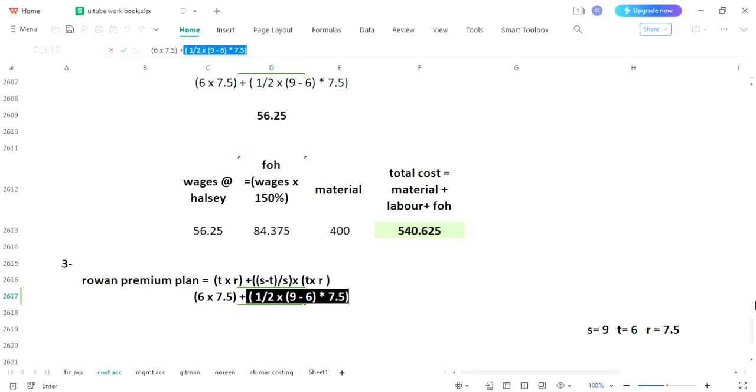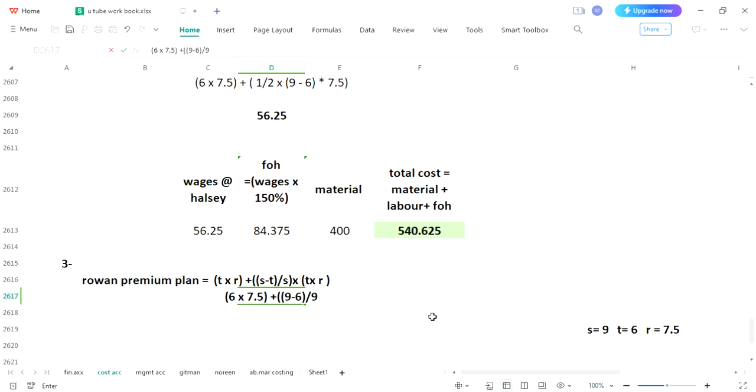Plus, and then two brackets would be started, and we need now standard time, and standard time is 9. Then next is sign of minus. Time taken is 6, and then you will close your bracket, divide, and divided by standard time, which is 9.